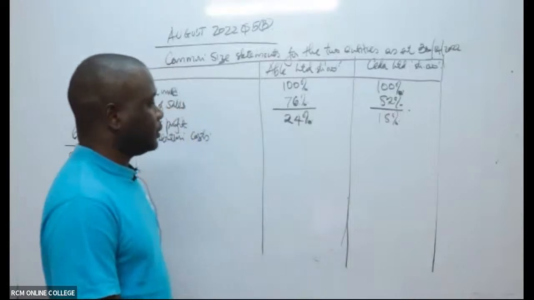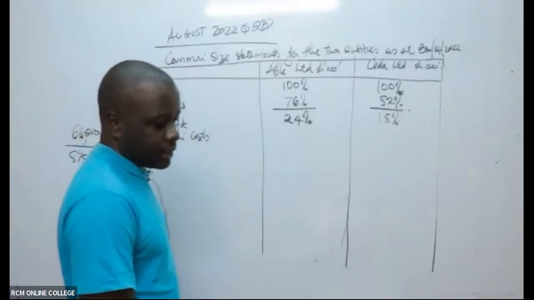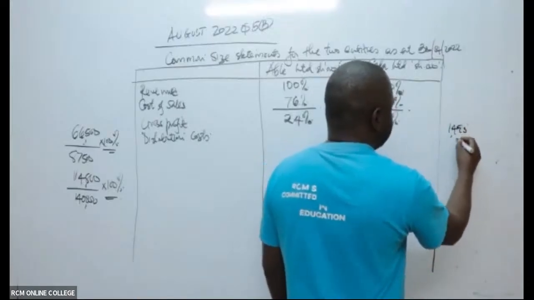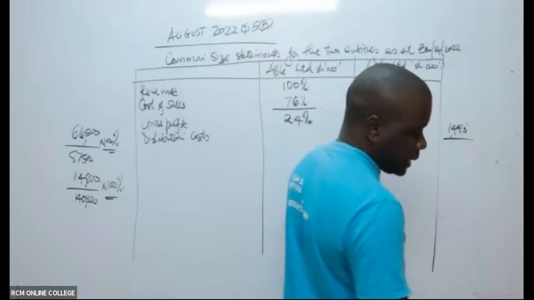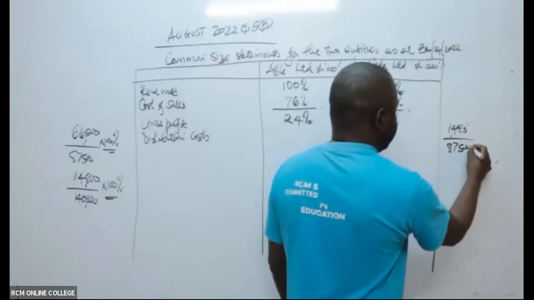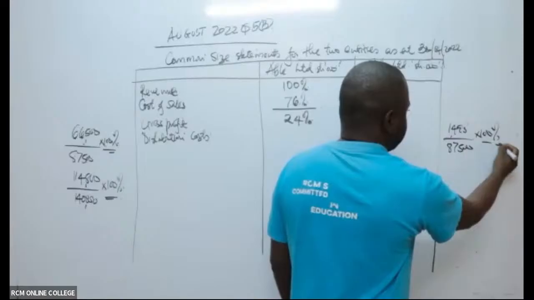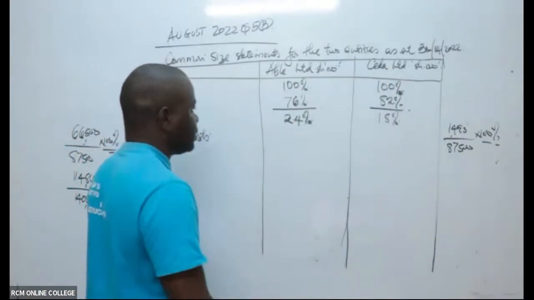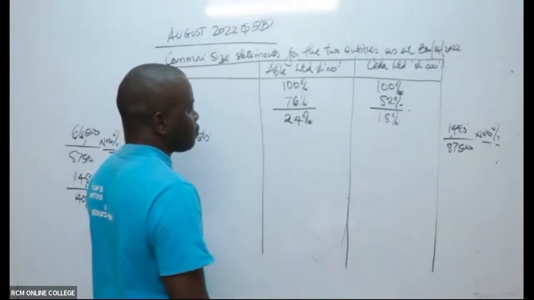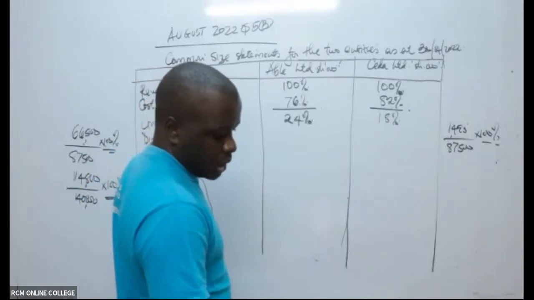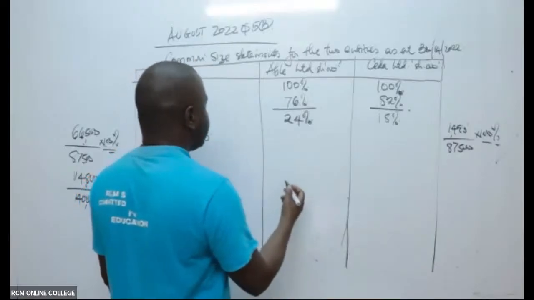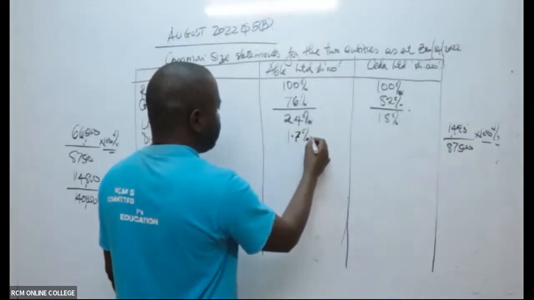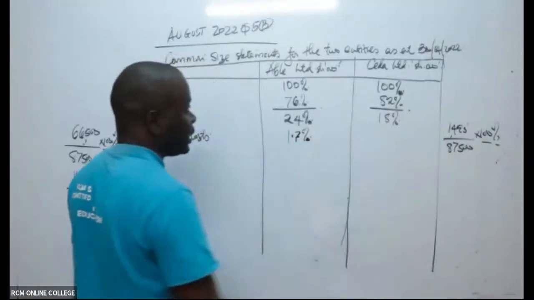You take 1495 over the total sales, which is 87,500, and multiply by 100%. You get 1.71. We can round off to one figure, so let's say 1.7%.